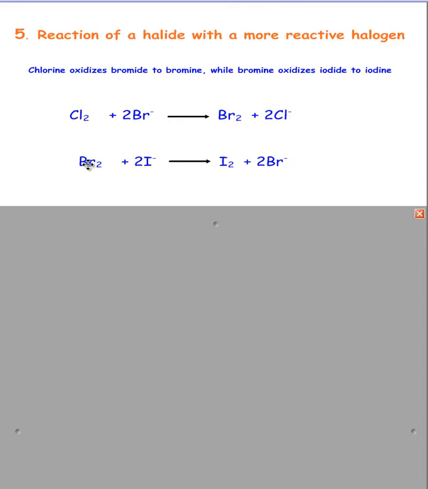Now, bromine, being more reactive, will collect 2 electrons from the iodide ion and become iodine, and that one is an oxidation reduction reaction.